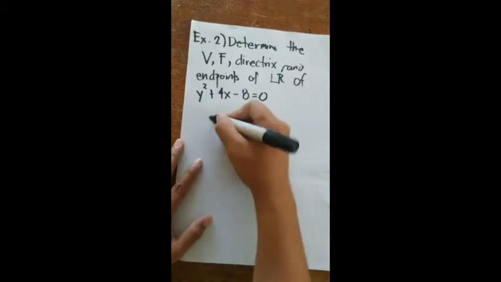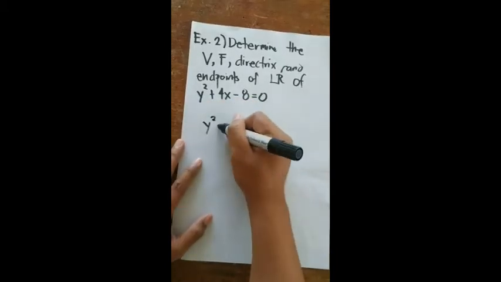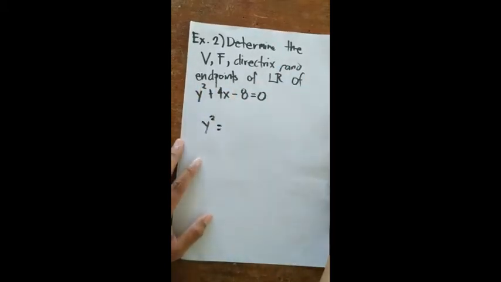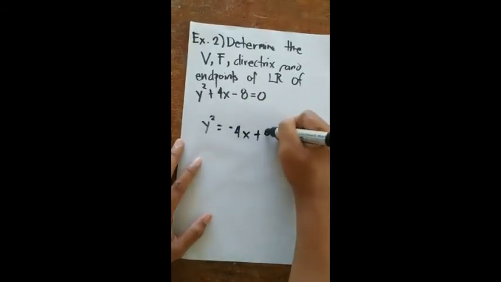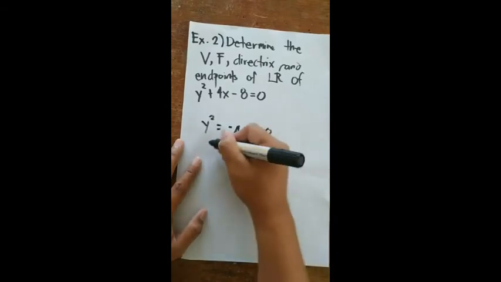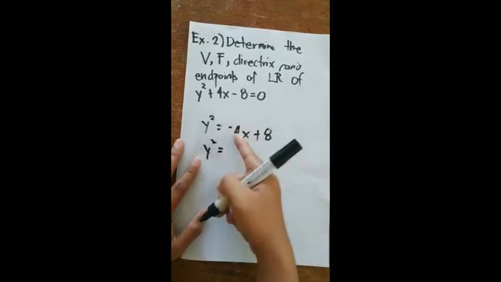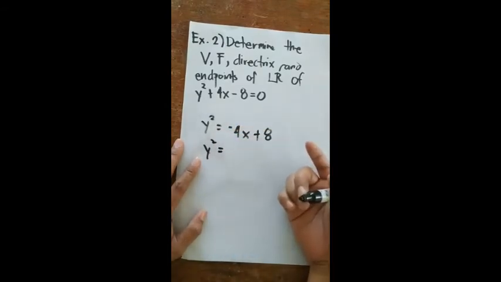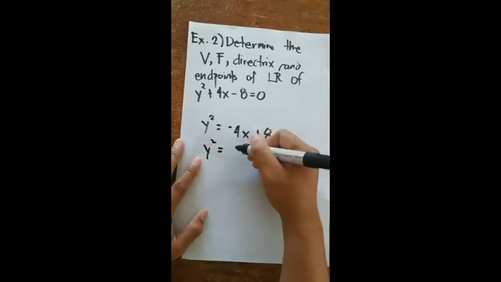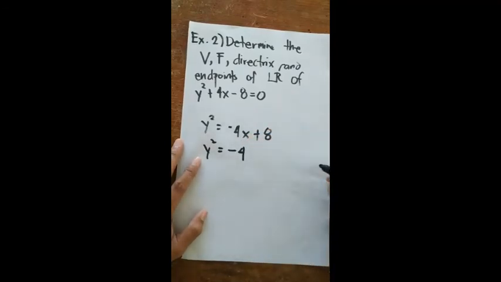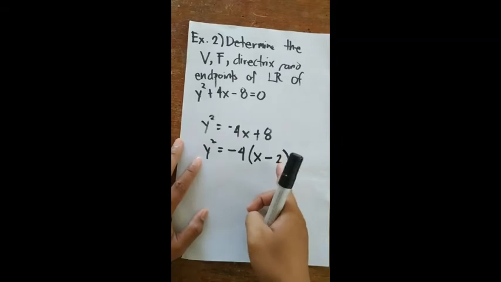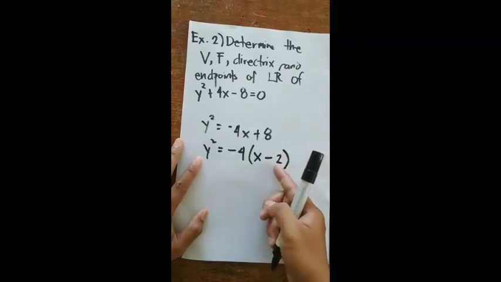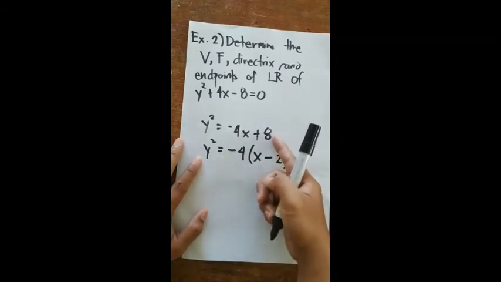So we have y² = and we move 4x and 8 to the right side, so it will be −4x + 8. Next, what is the common monomial factor between −4 and 8? Obviously it is −4, so −4(x − 2). You might be wondering why 2: it's because −2 times −4 gives +8.